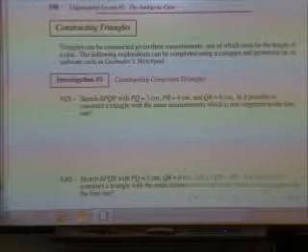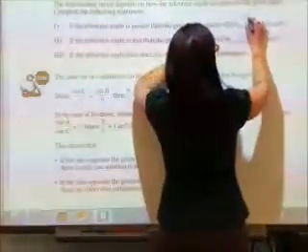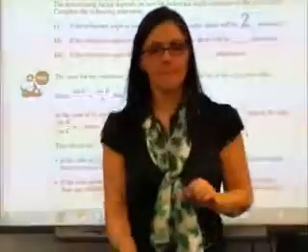All of that gets summarized on page 201. If the reference angle is greater than the given angle, there will be two solutions.